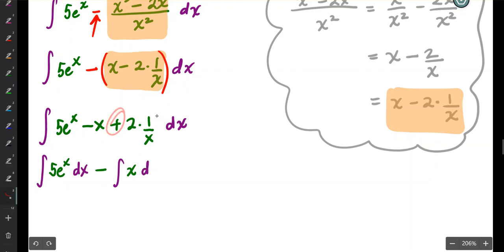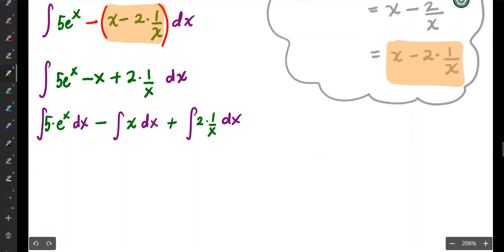And then 2 times 1 over x. I can think about the derivative of what function is 2 times 1 over x. And then again, that 5e to the x is a 5, a constant multiple. I could even bring this out in front if I wanted to, right? Because the antiderivative of a constant times a function is just a constant times the antiderivative of that function.